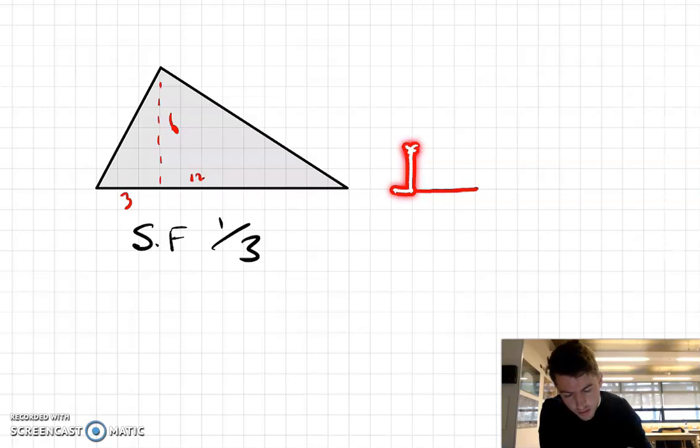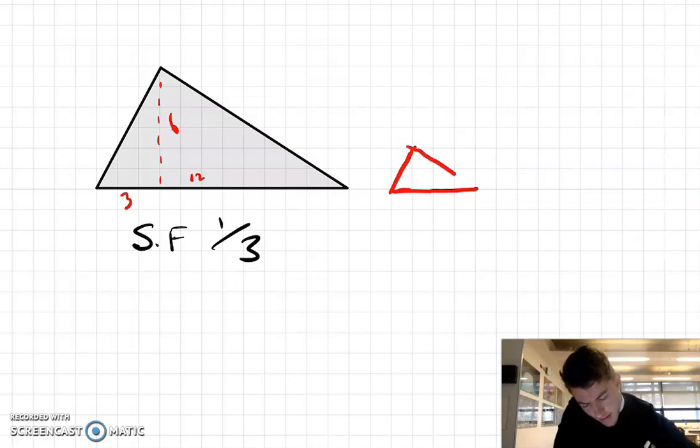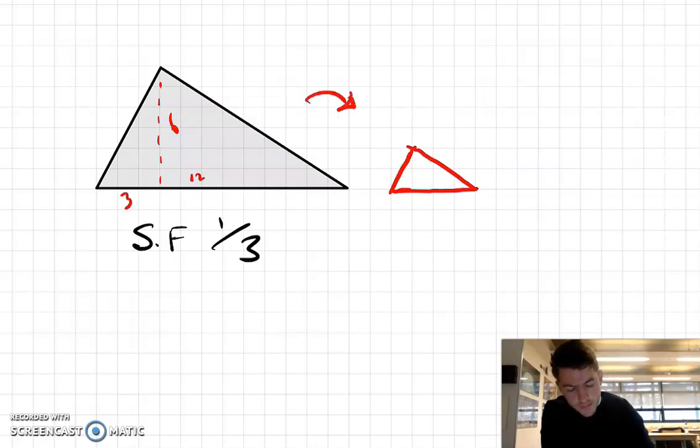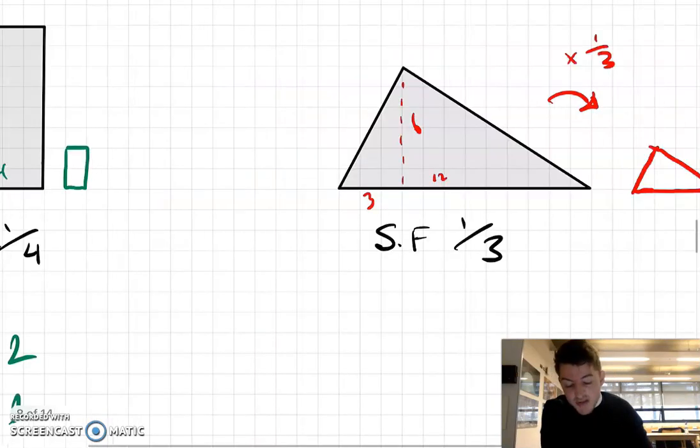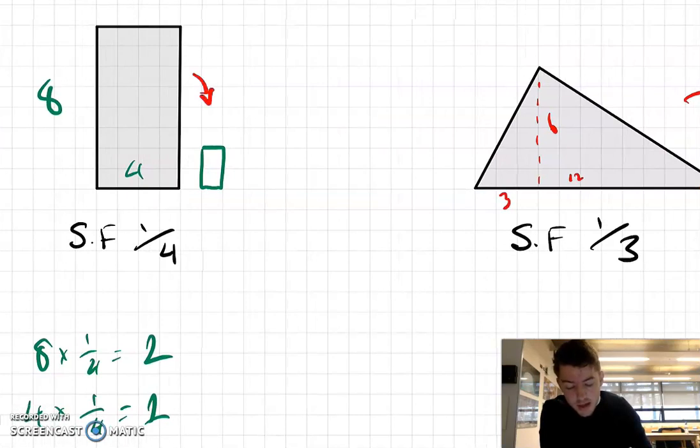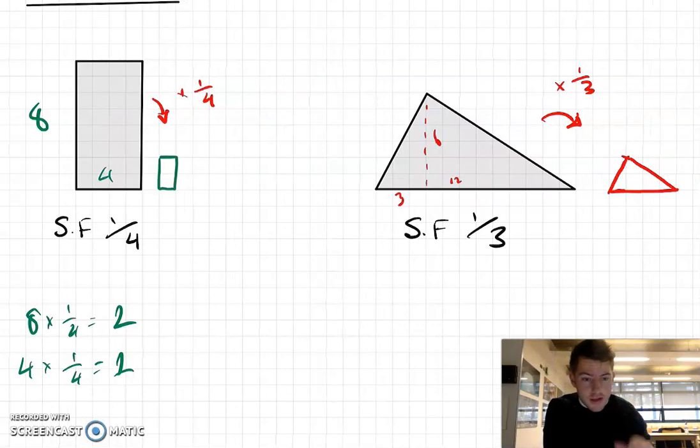So it's going to be this point here. And there we are. So this shape here, I've times it by 1/3. I've still enlarged it. Enlargements can go smaller. It's just what you want to do a scale factor by.